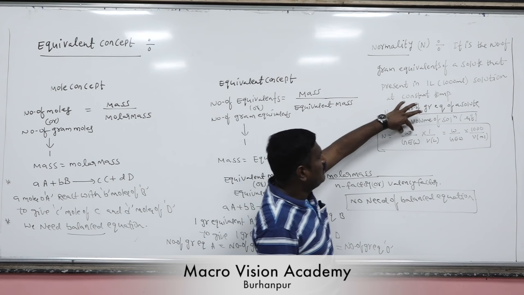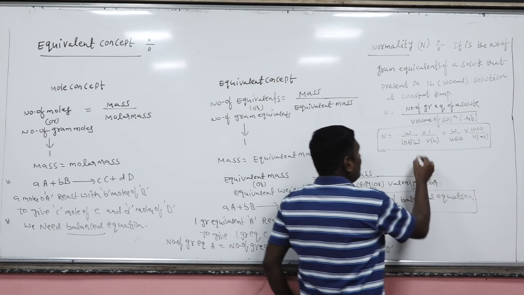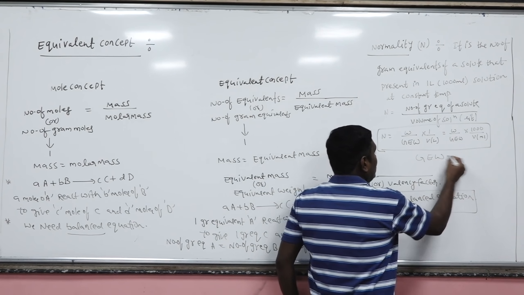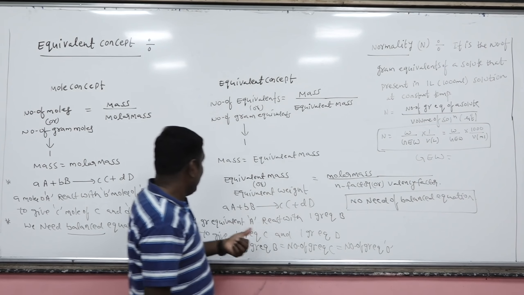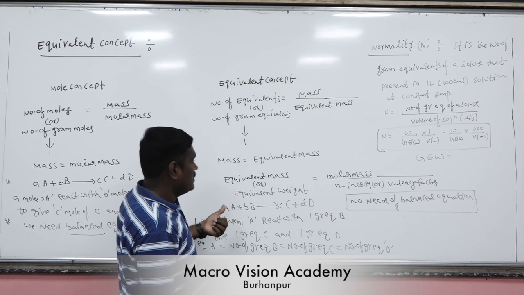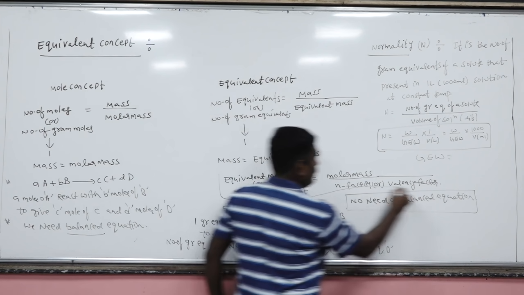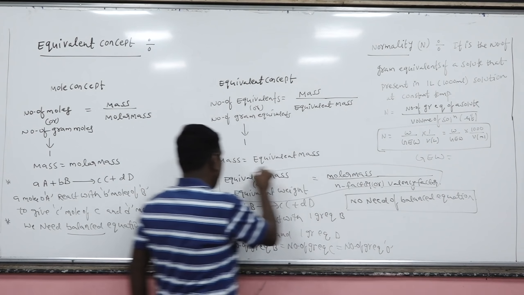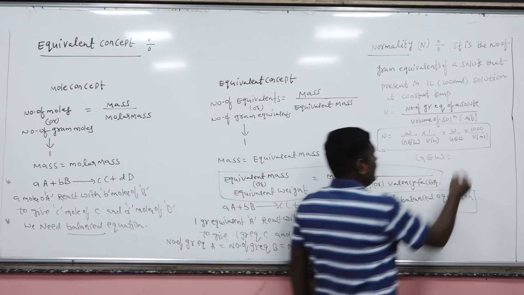The weight of a solute is given to you. Now, for the gram equivalent weight, we have to find the equivalent mass. There is a formula to find the equivalent mass. Equivalent mass is equal to molar mass divided by n factor.